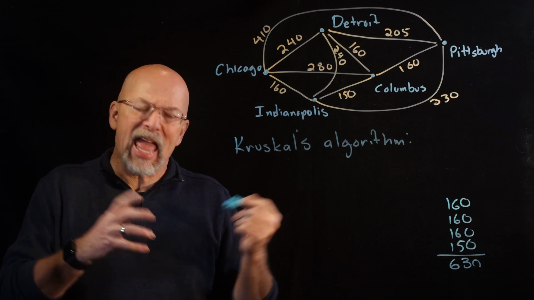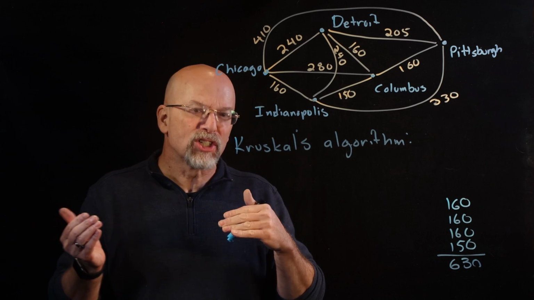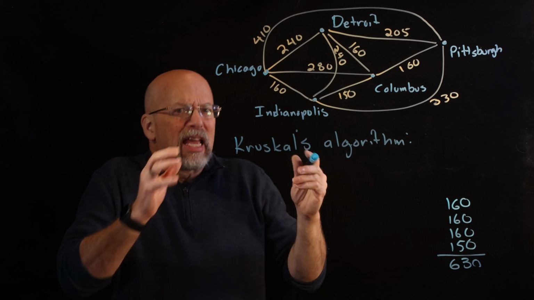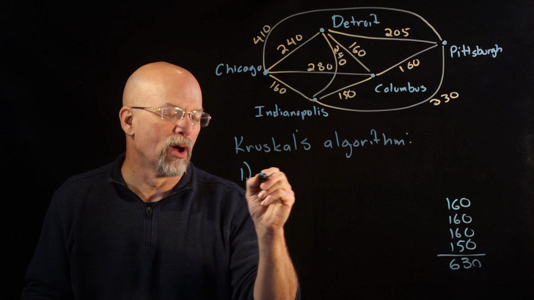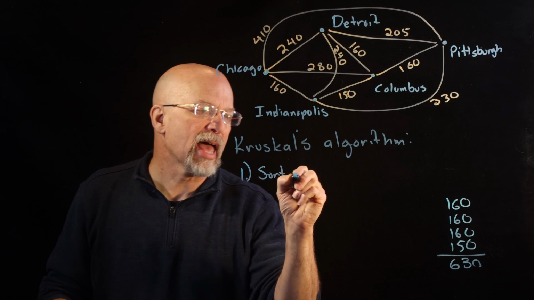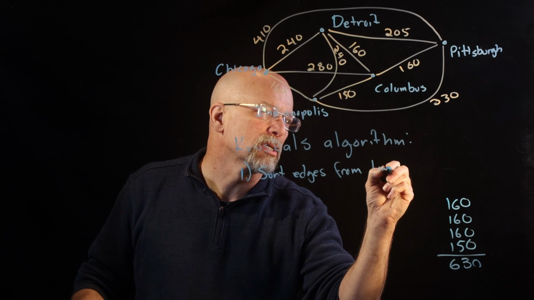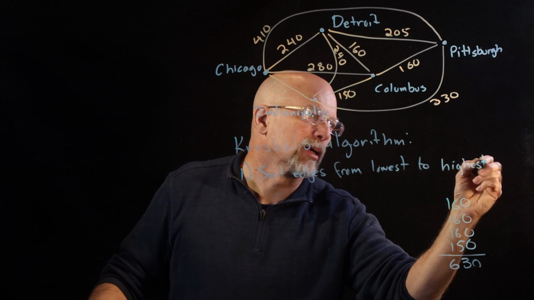Kruskal's is adding edges, and so the goal is to add one edge at a time by adding the smallest edges first until we get a full tree. So, step 1, sort edges from lowest to highest. Okay?